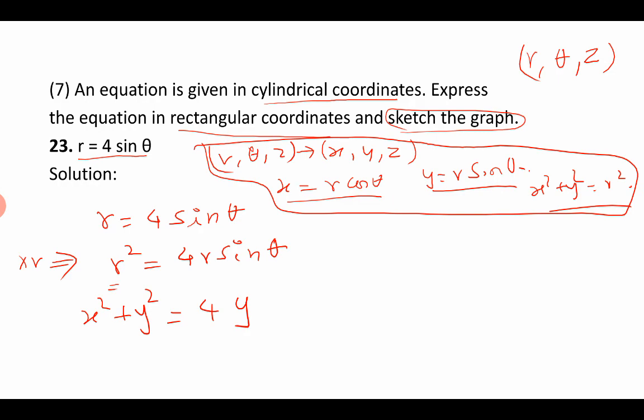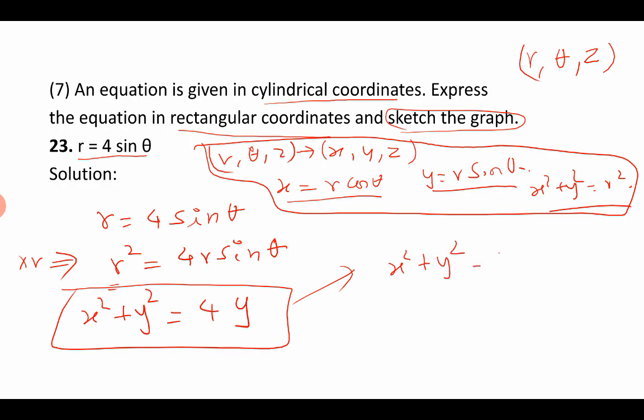Now the answer is in x and y. Convert this to a perfect square. You will get x square plus y square minus 4y is equal to 0. x square plus y square minus 4y plus 4 minus 4 is equal to 0.